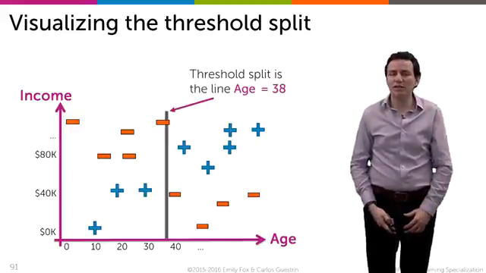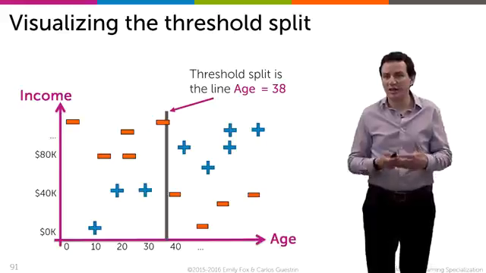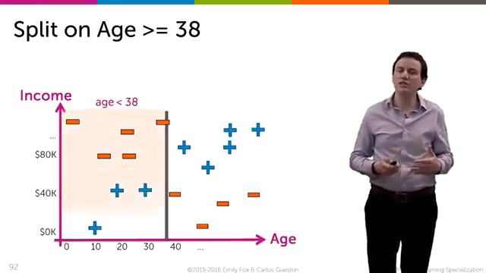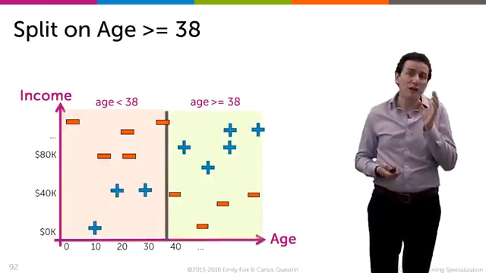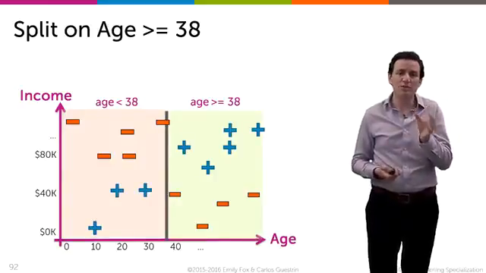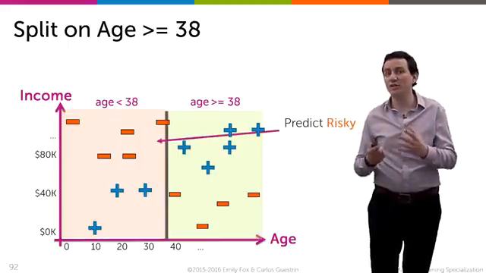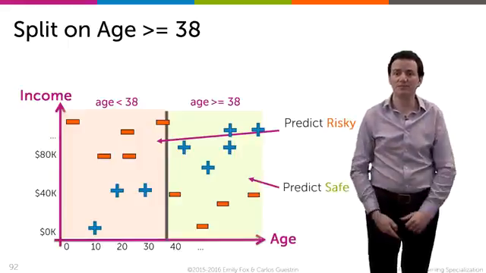So we might look at this data and decide to split on age first. And if we split on age, let's say age equals 38, we'll see that for the folks that are younger than 38, on average, more of them have risky loans, so we might predict risky. But for the folks that have age greater than 38, we have more safe loans than risky, so we might predict safe.